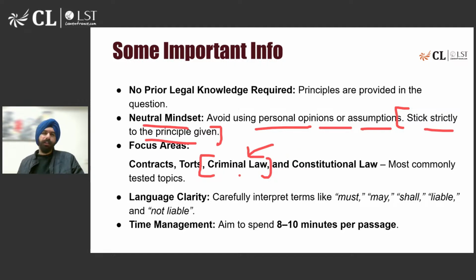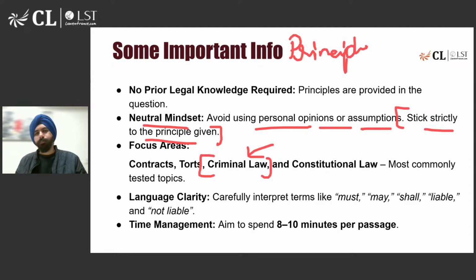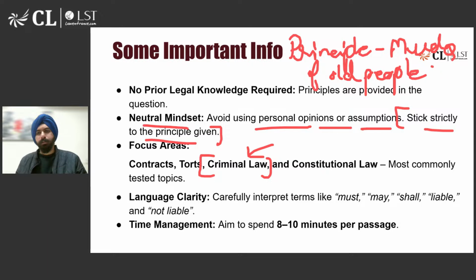Now, any reasonable or prudent man would say that murder is illegal, murder is wrong, murder is morally incorrect. But what if your principle, let's say, says that murder of old people greater than 50 years of age is not a crime?